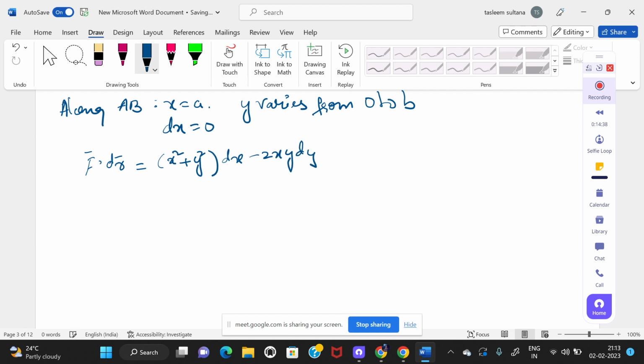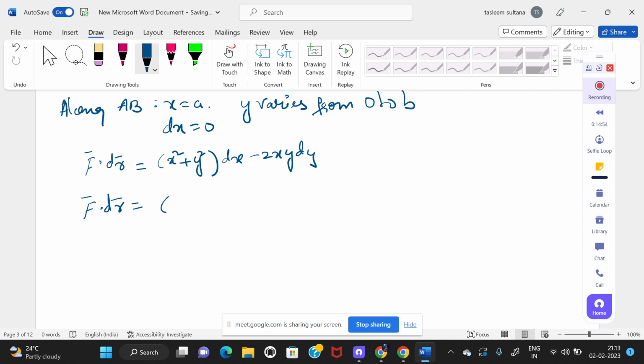Now you have to substitute x is equal to a and dx is equal to 0 into this equation. That will give you your f vector into dr value.